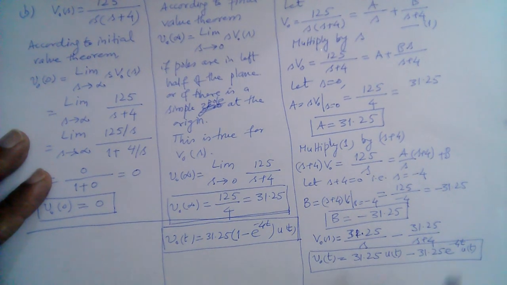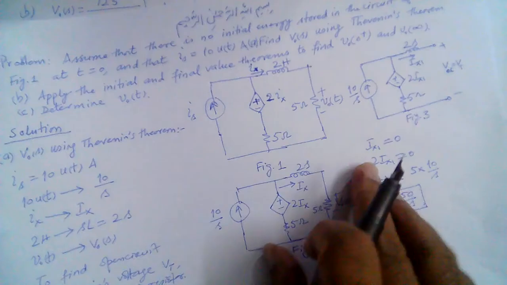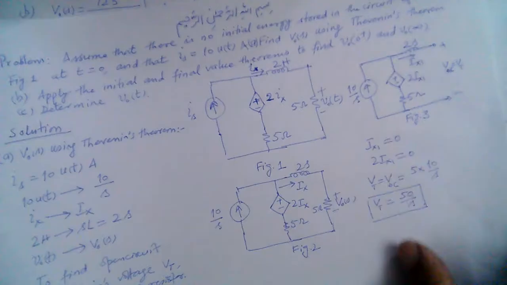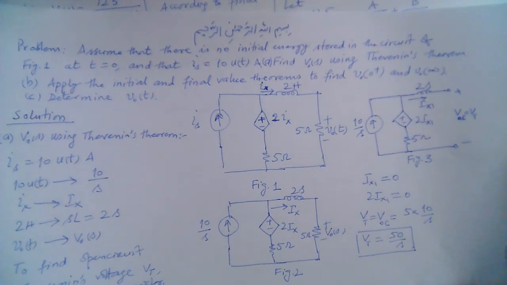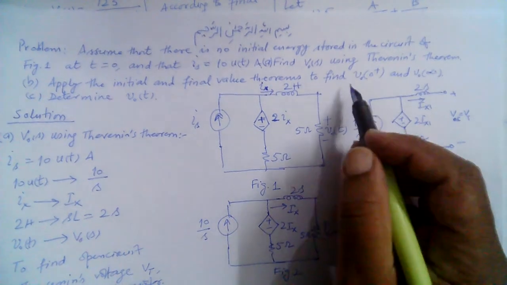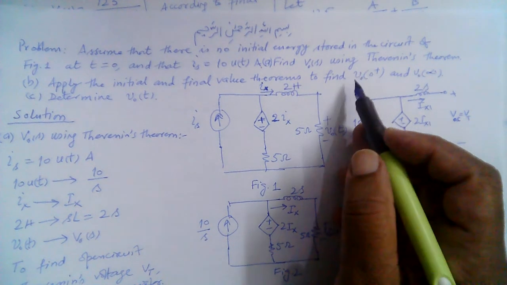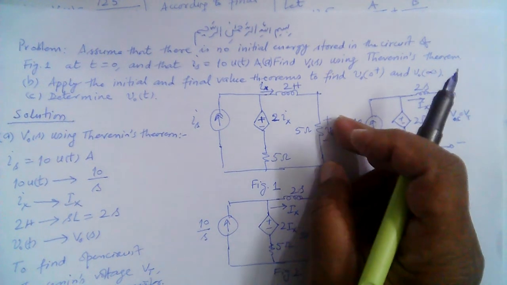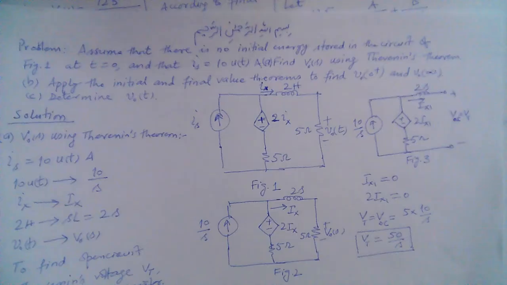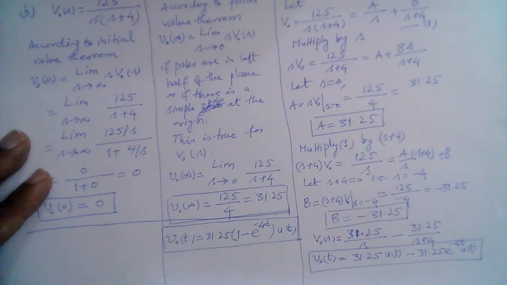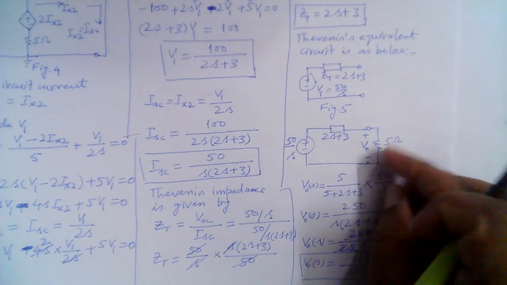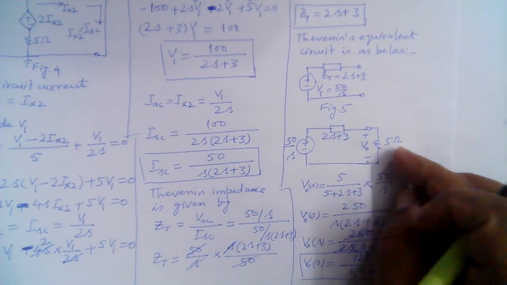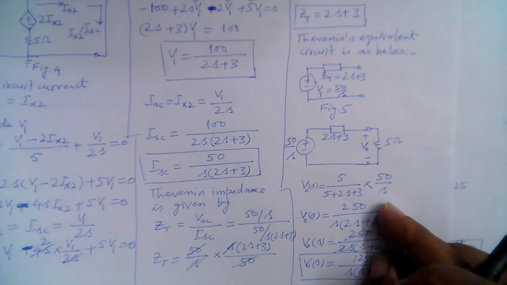voltage v naught t, the voltage across the 5 ohm resistor here, right? This voltage v naught t, we found out using Thevenin's theorem. We could have found it out by other means, but we were asked to find it using Thevenin's theorem. So we first derived the Thevenin equivalent by removing this resistor across these terminals, and once we found the Thevenin equivalent circuit here, then we connected this 5 ohm resistor and found v naught s using the voltage divider rule.